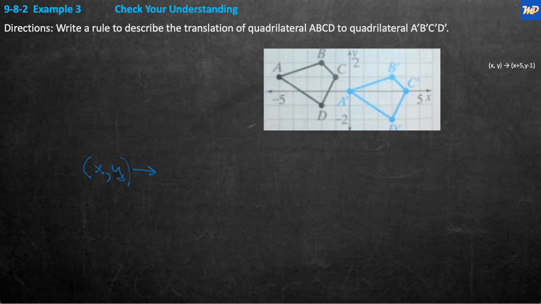And what is the position of D? X is minus 2, Y is minus 1. So this one is minus 2, minus 1. That's D. Where's D prime? D prime is 1, 2, 3, 1. So it's 3 on the X, right?